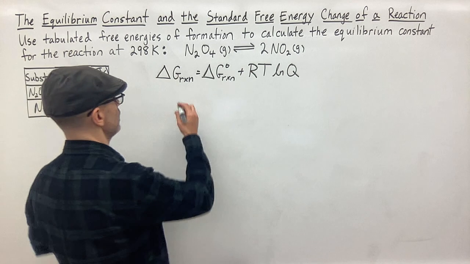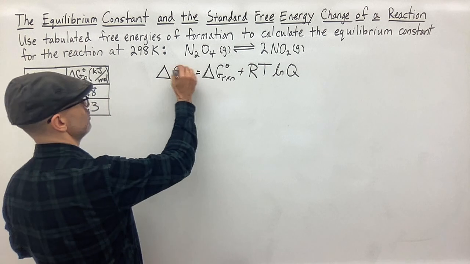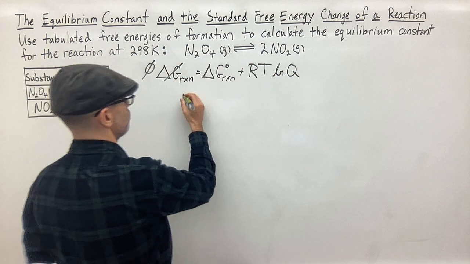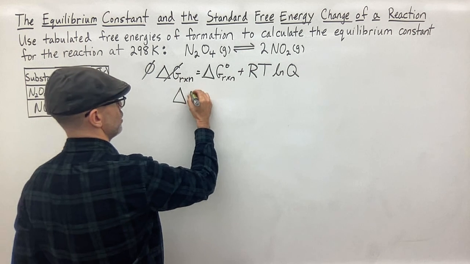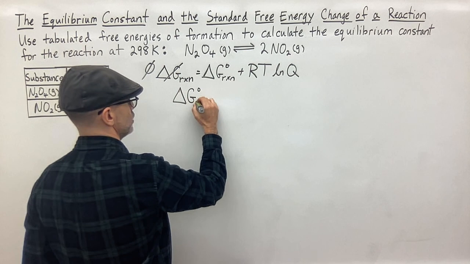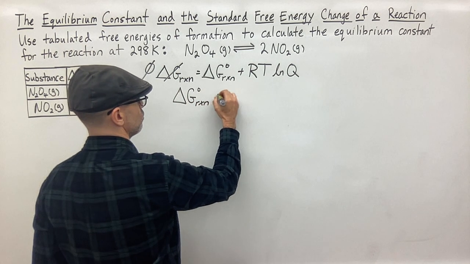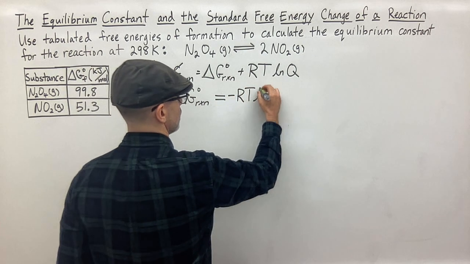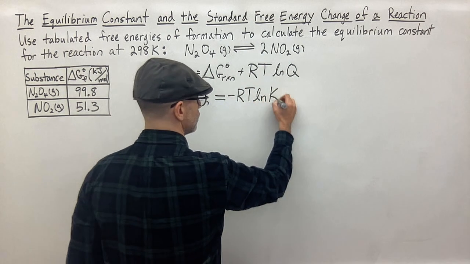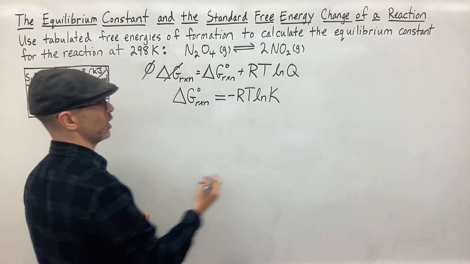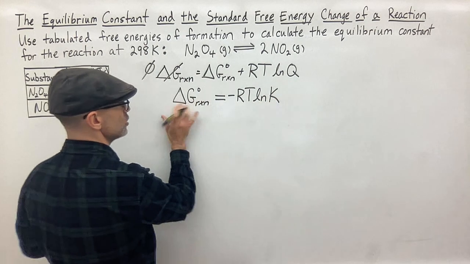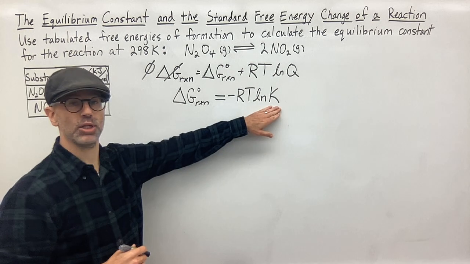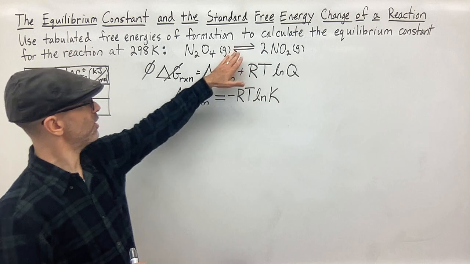So when this becomes zero, we solve this equation and get the standard free energy change of the reaction equal to negative RT ln K. Since we're assuming we're at equilibrium, Q becomes K, and now we're going to use this equation to help us find the equilibrium constant for this reaction.